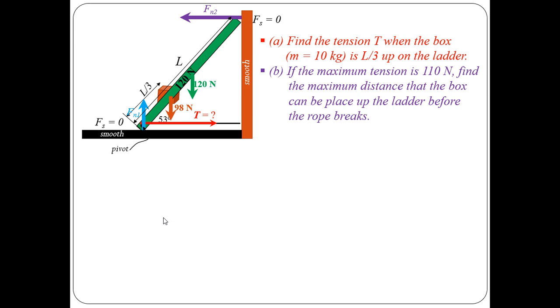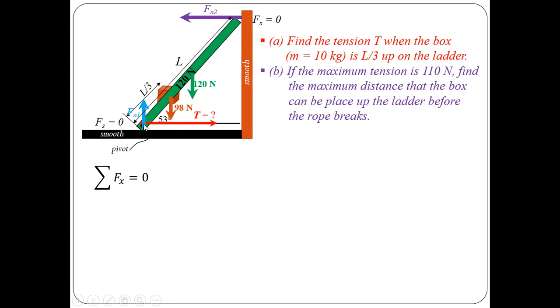We're asked to find T, but here you notice because I shifted my pivot from the wall onto the floor, F_N runs through the axis of rotation, so there's no r, so I can actually go ahead and clean that up a little bit later on. But here you go.